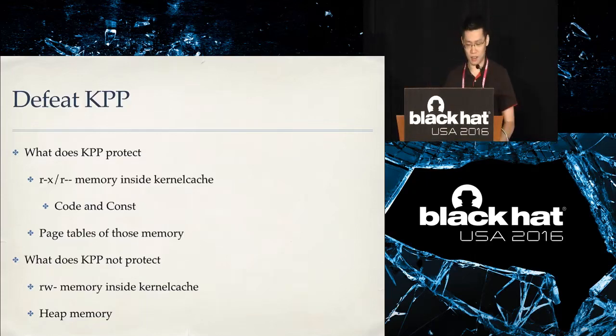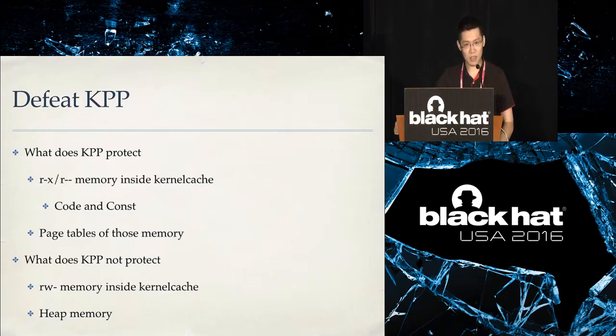As the result of our test, we first considered what KPP protects. We realized that all the read-only and read-and-executable memory inside the kernel cache is protected by KPP. If you modify any of this memory, a panic will be triggered.